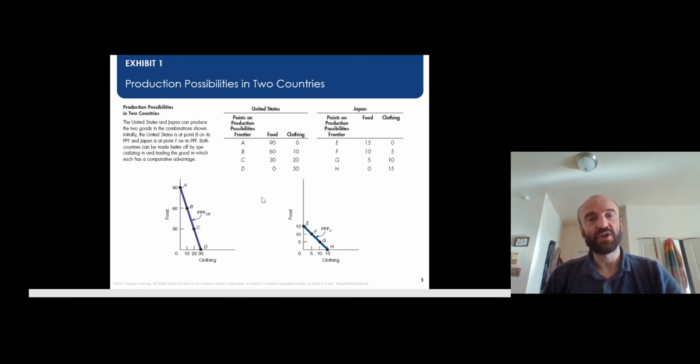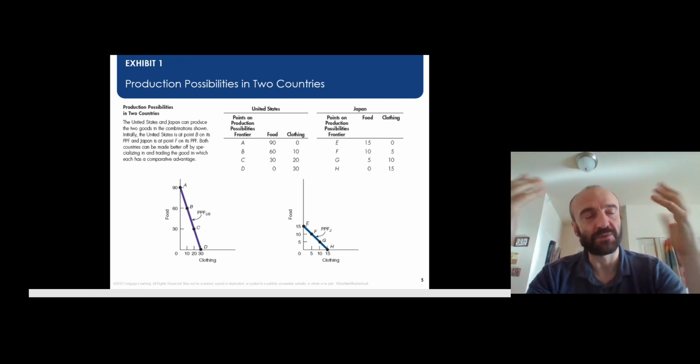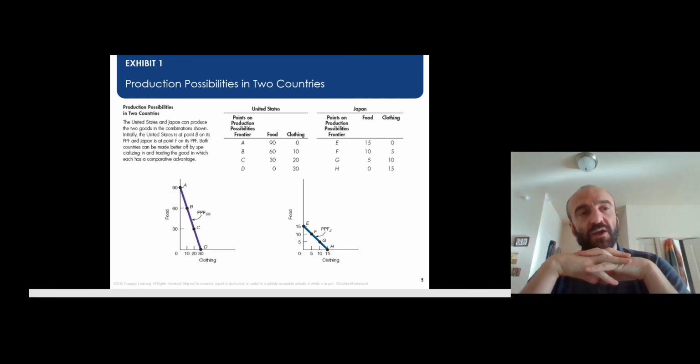I'll explain the graphs in a second, just to give you first the basic introduction, the basic concept. What is the basic concept? Comparative advantage means that you can make something at a lower opportunity cost than somebody else. That's the definition.